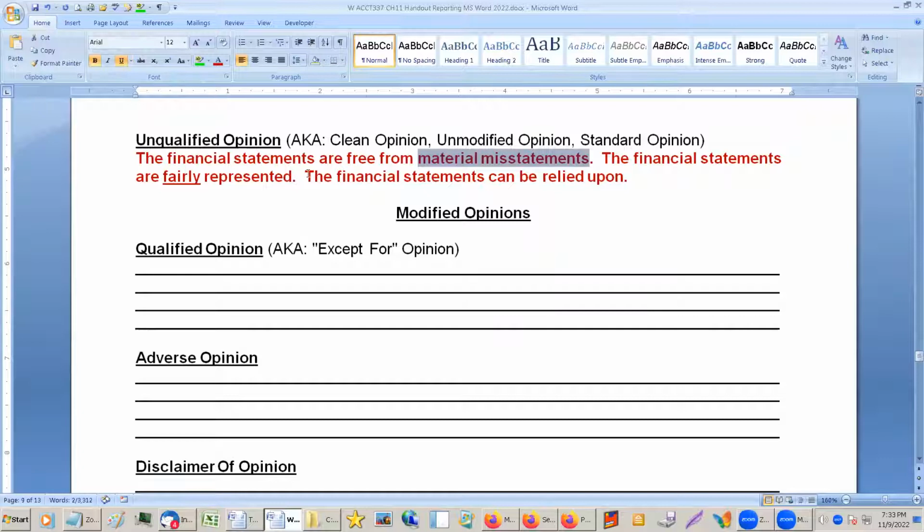We never claim that they are accurate. And by the way, this is an unqualified opinion. I know this sounds kind of funny. The US terminology is unmodified opinion. It used to be unqualified opinion. And I think when we get to the qualified opinion, it'll make more sense.